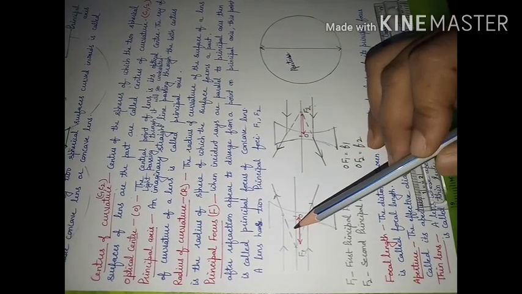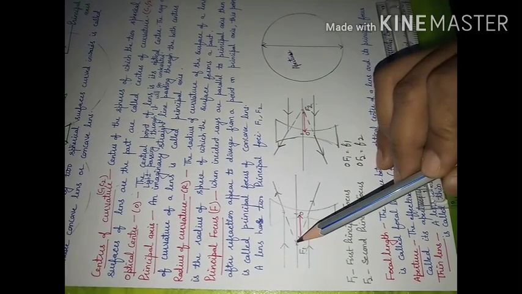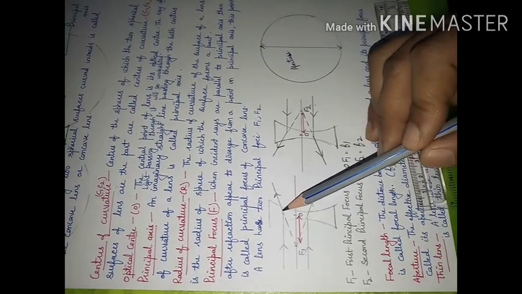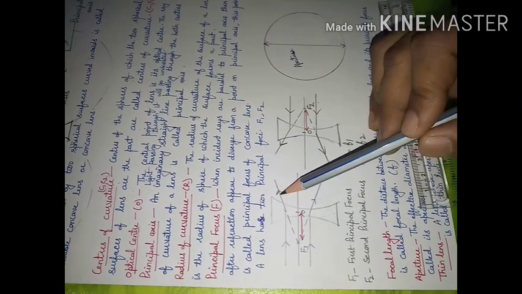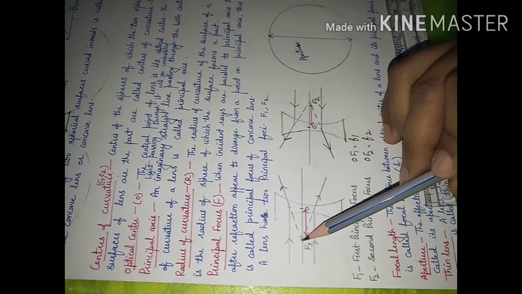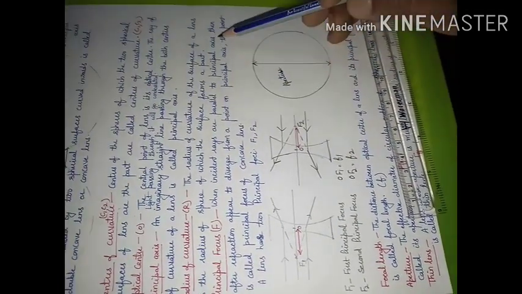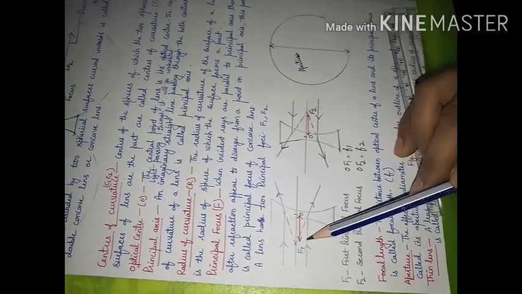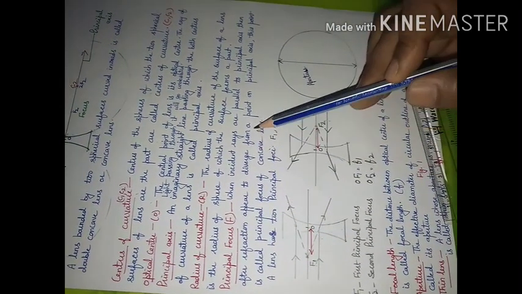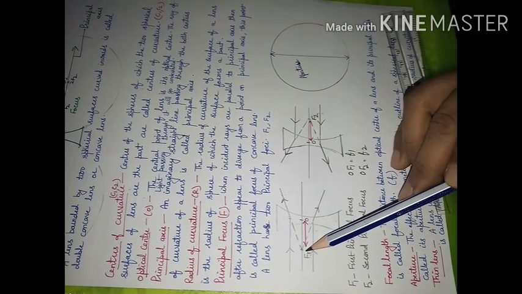So the principal focus for a concave lens will be a point on the principal axis, such that if incident rays are parallel to the principal axis, then after refraction, these rays will appear to diverge from a point. Then this point will be known as the principal focus. When incident rays are parallel to the principal axis, then after refraction, they appear to diverge from a point on the principal axis, and this point is known as the principal focus.